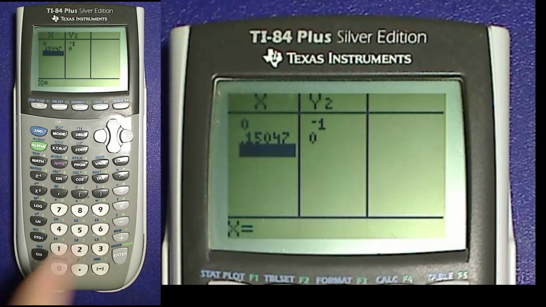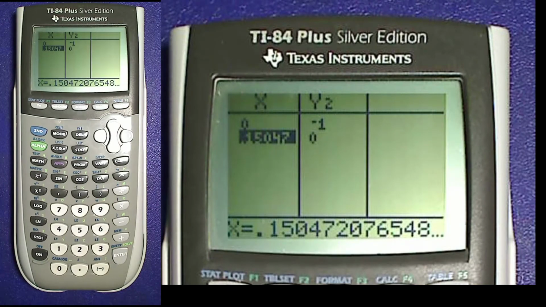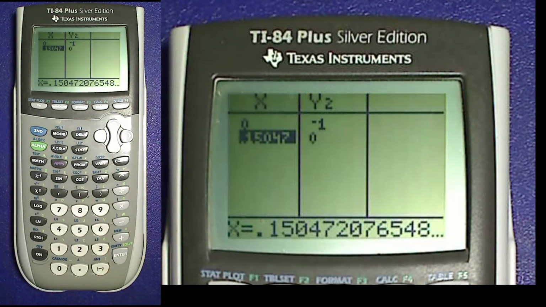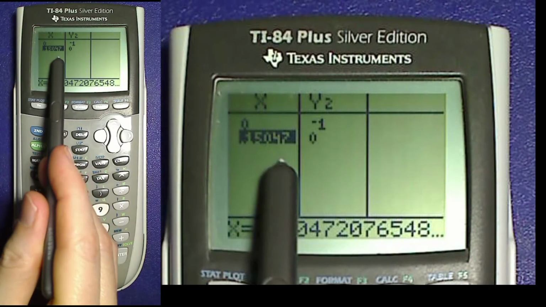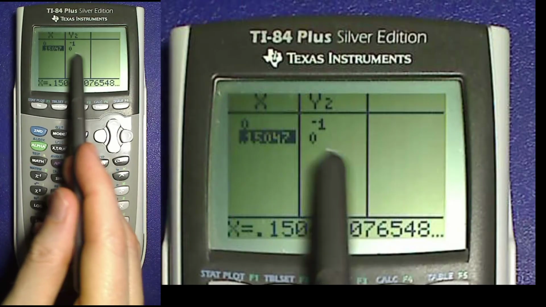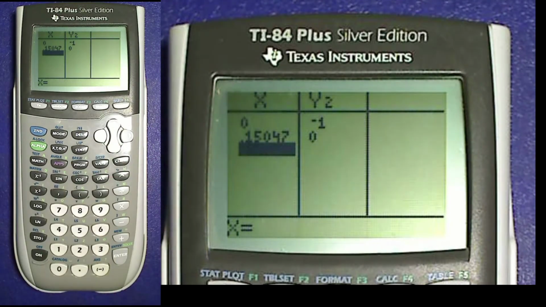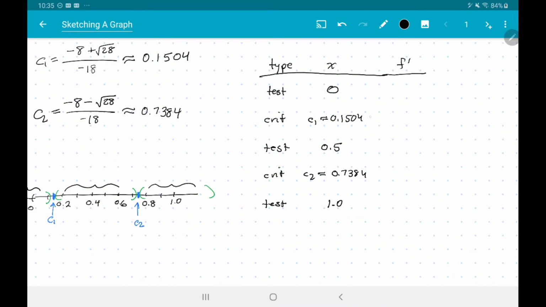So that would repeat the calculation that we did before, and you can see that the calculator has enough digits that it can calculate that f prime of this number is 0 to enough digits that it'll just write 0. Okay, so the whole business there is just to confirm that yes, this 0.15 number that we found is indeed a critical number. We solved our equation correctly. Okay, so this is good.